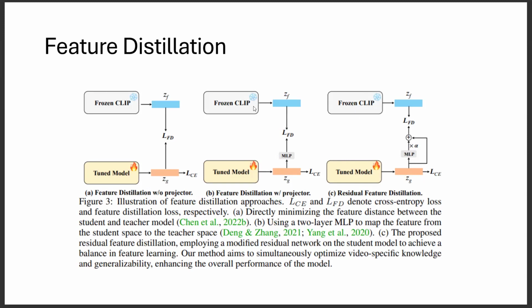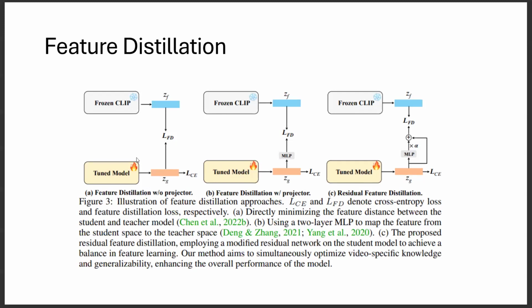Each of the three methods has its own benefits and demerits. The good thing about this first one is it's direct. We don't have to project using an MLP or something.